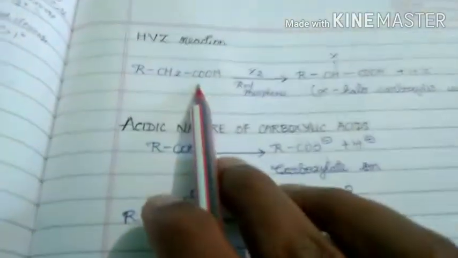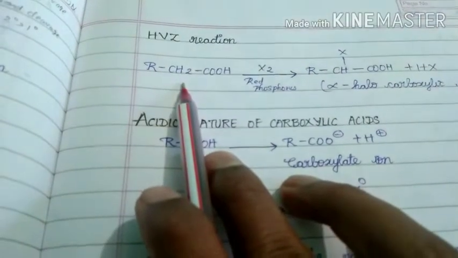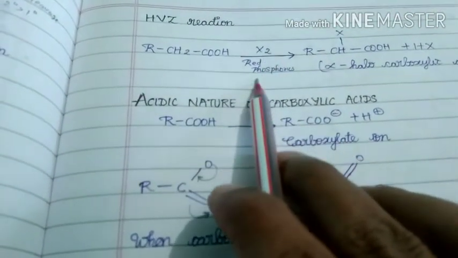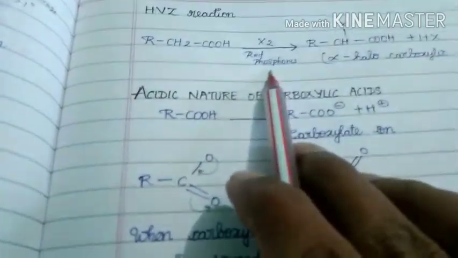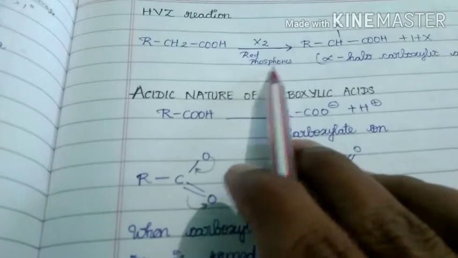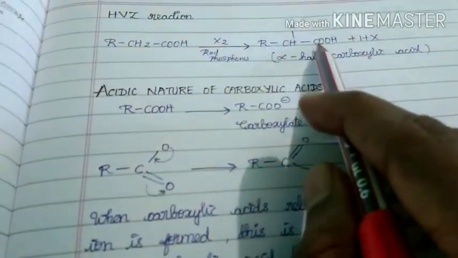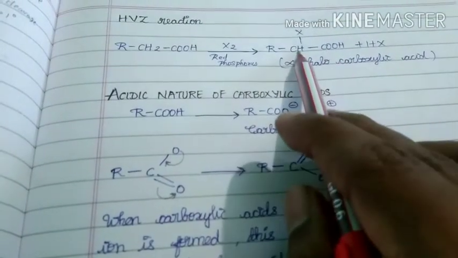The next reaction is the HVZ reaction. This is the last reaction. When carboxylic acids react with halogens in the presence of red phosphorus, we get alpha halocarboxylic acid. Alpha means the carbon which is attached to the functional group is called alpha.